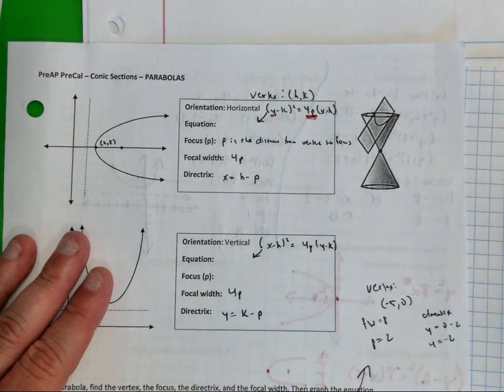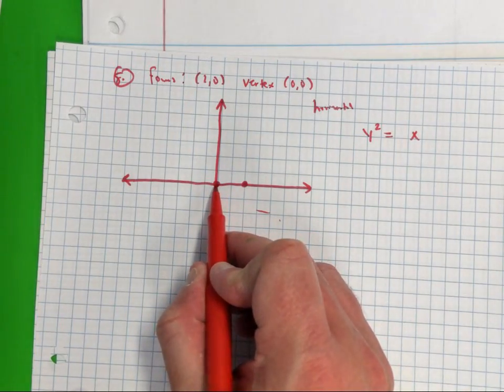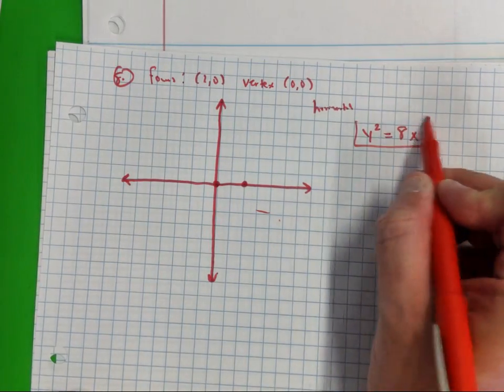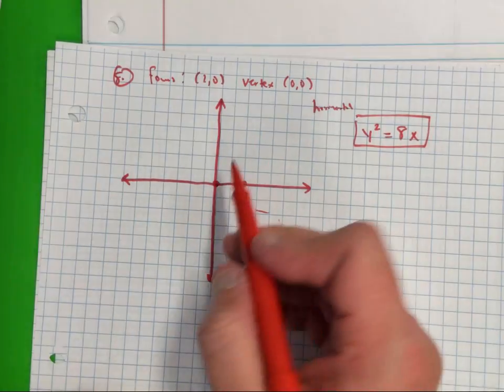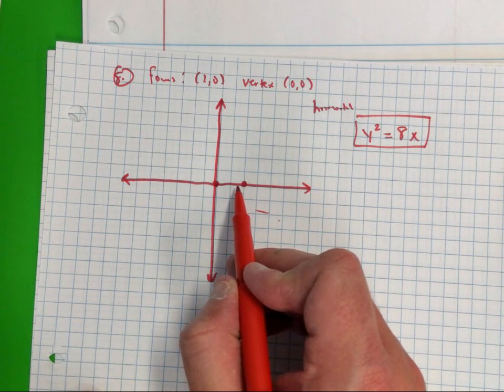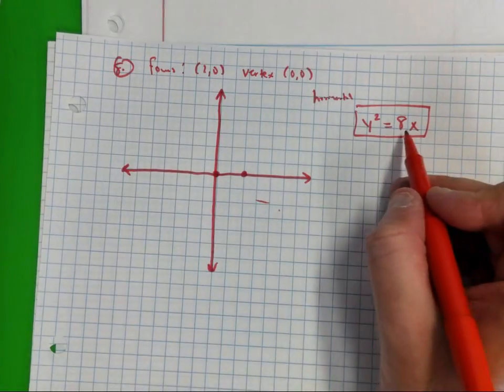A while ago we were taking that number, dividing it by 4. Well, now we're going to take this p value and times it by 4. So if we know that our distance from our vertex to our focus is 2, 2 times 4 is 8, and that is your equation. Because from here to here is the distance 2. That's your p value. 2 times that 4, I got that from here, equals 8.